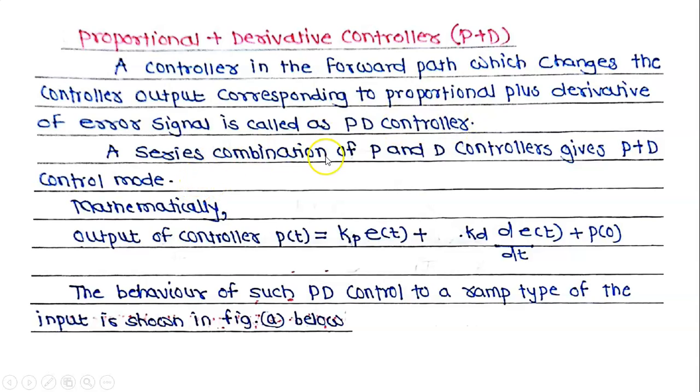A series combination of P and D controllers gives the P+D control mode. Mathematically, the output of the controller p(t) is equal to Kp into e(t) plus Kd into d/dt of e(t) plus p of zero output. The behavior of such PD control to a ramp type of input is shown in figure A below.